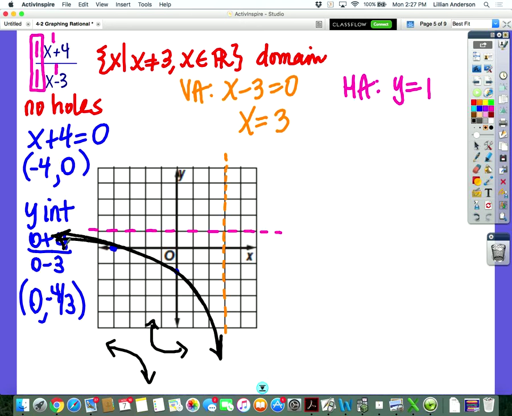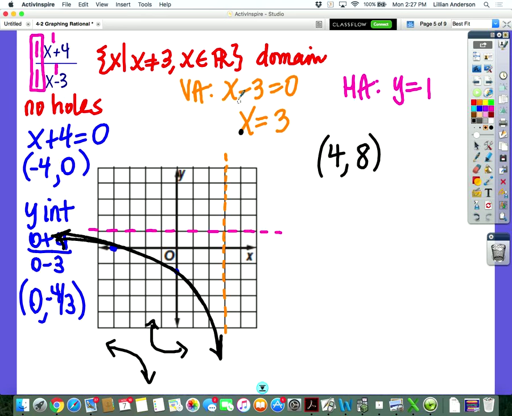If you're unsure of where it needs to go, that's when you do that second to last step. Pick a point. We already know everything to the left of that vertical asymptote. Let's plug in a point that's to the right of it. What's a point that's to the right of that asymptote? 4. If I plug in 4 for x, plug it back into the original. What's 4 plus 4? 8. What's 4 minus 3? So (4, 8) is where another point lies on your rational function. (4, 8) is somewhere up here.